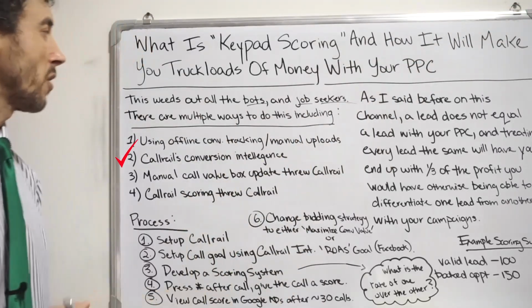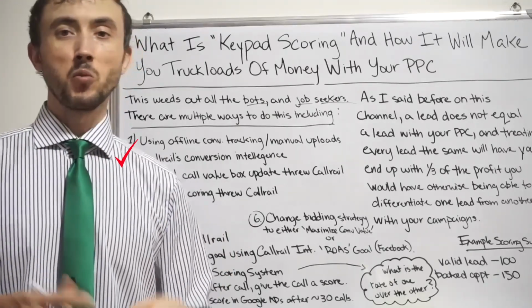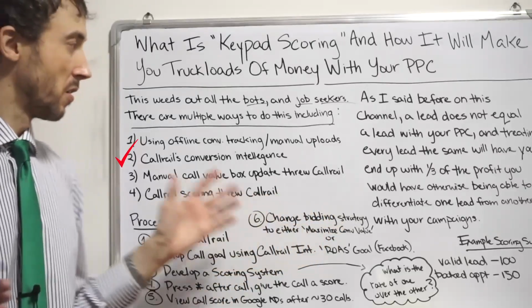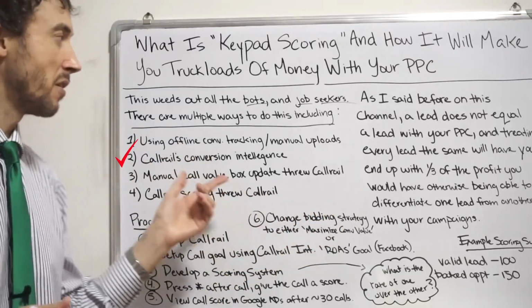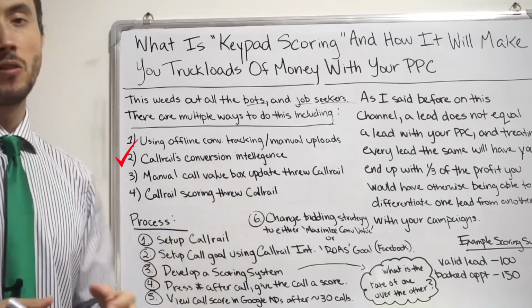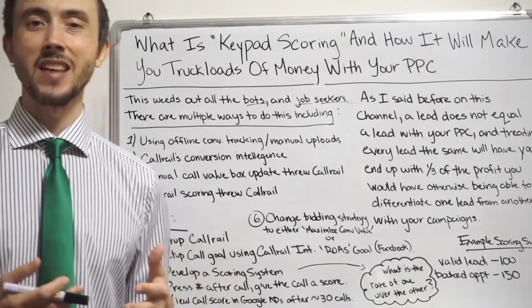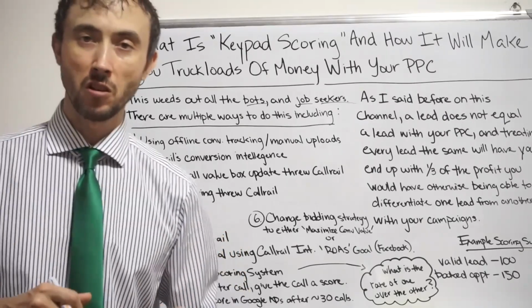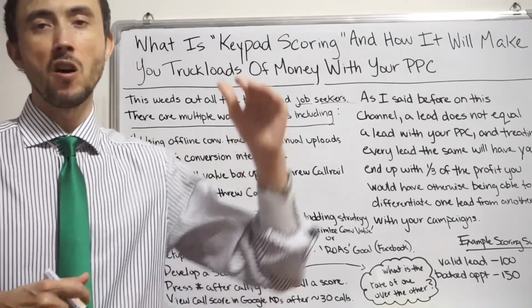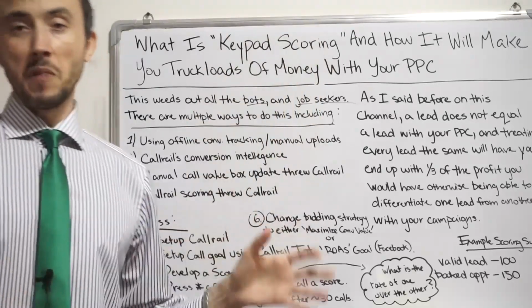The problem with that one is it's $50 extra a month. And it's worth every penny if you're not doing lead level tracking, and given the time it takes to do the manual upload, it certainly is worth it. There is also a downside: it's not as accurate as manually listening to the call, because certain calls are not going to use the keywords you give it as triggers, and you're going to miss certain calls.